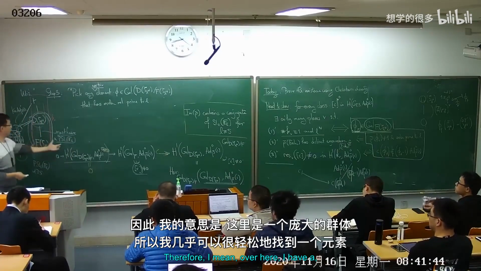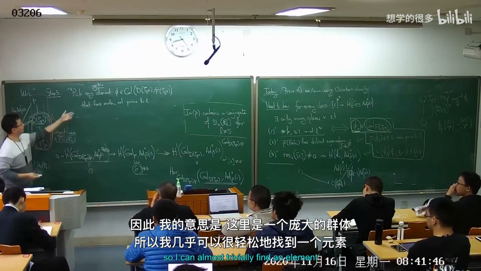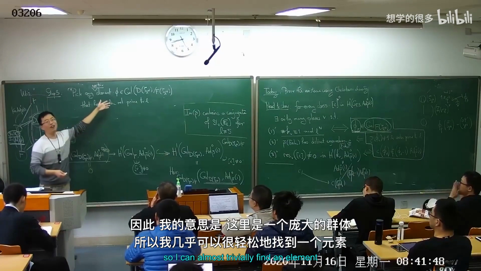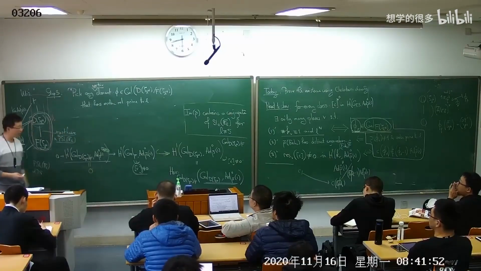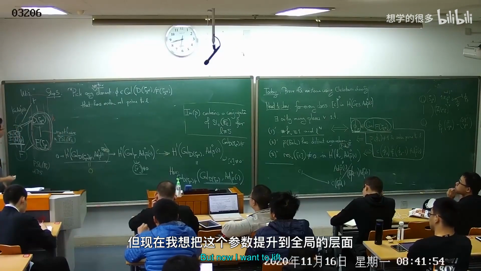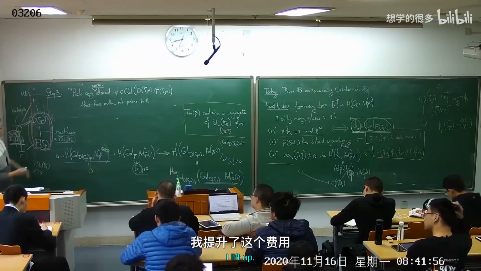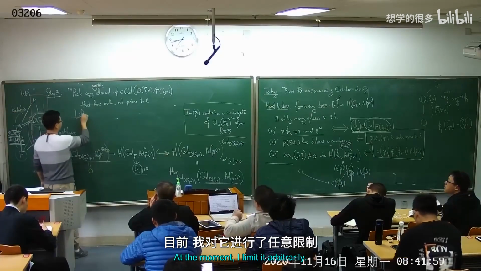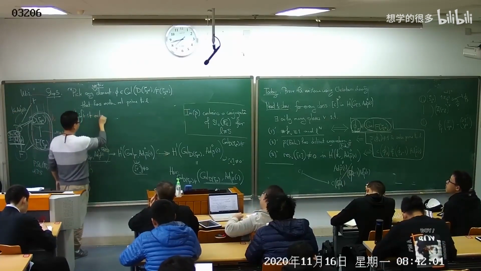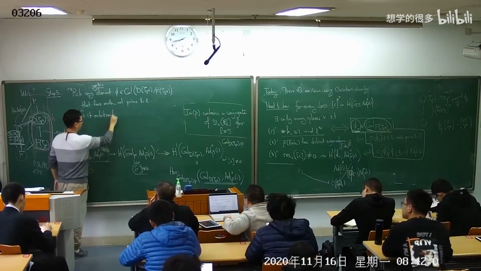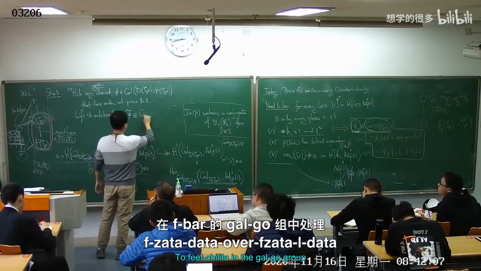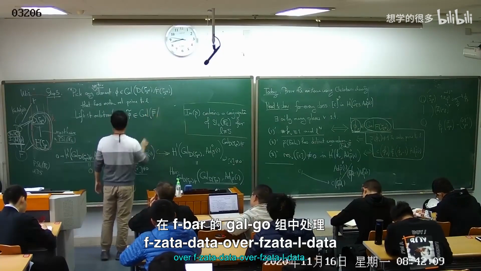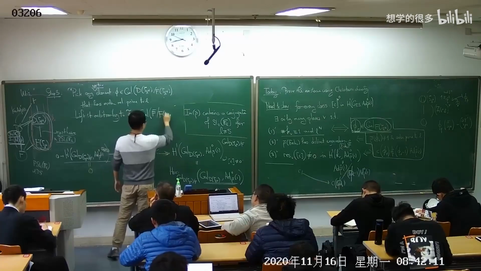Over here I have a huge group, so I can almost trivially find an element whose order is relatively prime to L. That's relatively easy. But now I want to lift this phi to the global thing. So I lift it, at the moment arbitrarily, to phi tilde in the Galois group of F bar over F(zeta_{L^n}).